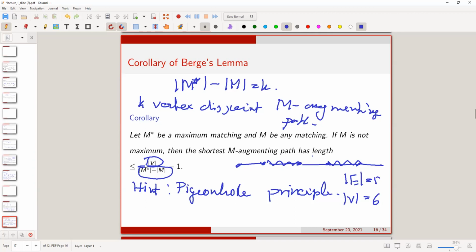Here we say that the number of vertices in the shortest augmenting path is |V| divided by |M star| minus |M|, and since the number of edges is 1 less than that, that's why you have this minus 1. Is this fine? Yes, because the number of vertices in a path is 1 more than the number of edges. Any other question till now?